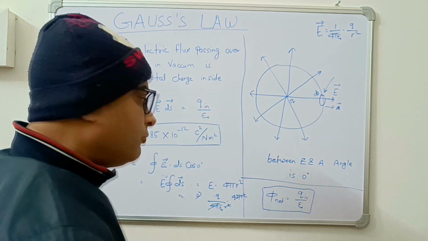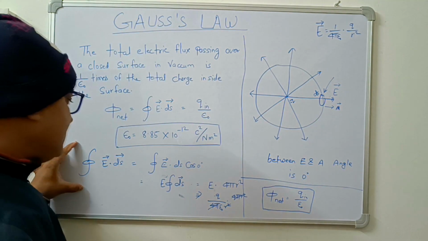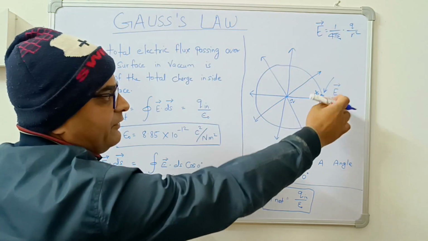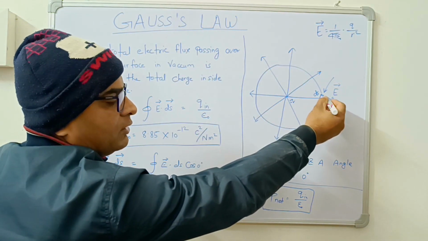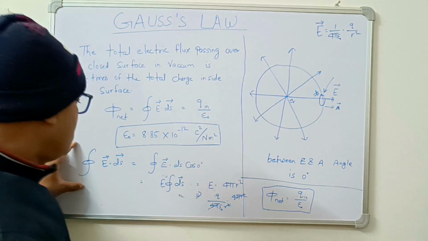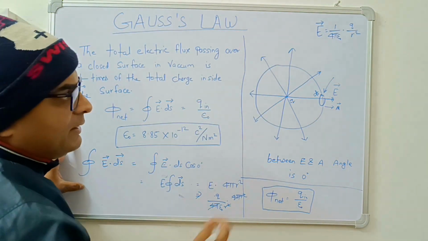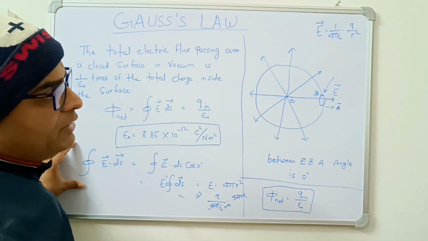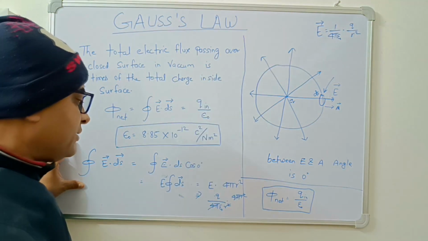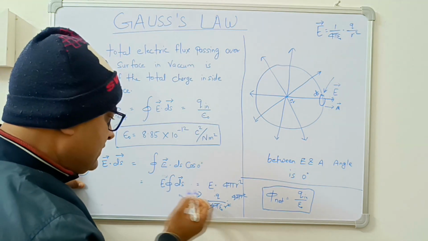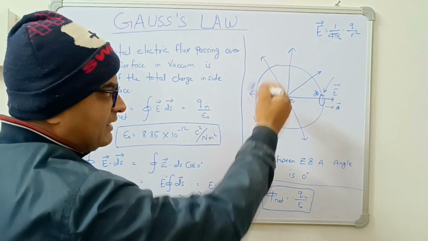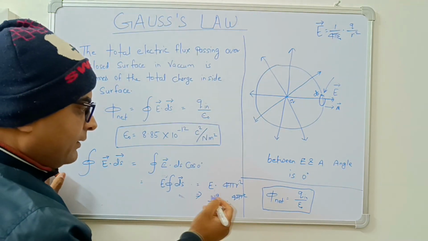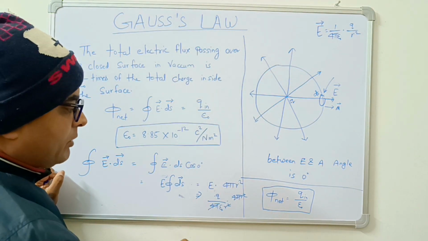Let me explain one more time. We are integrating the electric field and the small area element ds. What is E? You already know that it is 1 upon 4 pi epsilon naught into q upon r square. This is a sphere, so the total area is 4 pi r square.